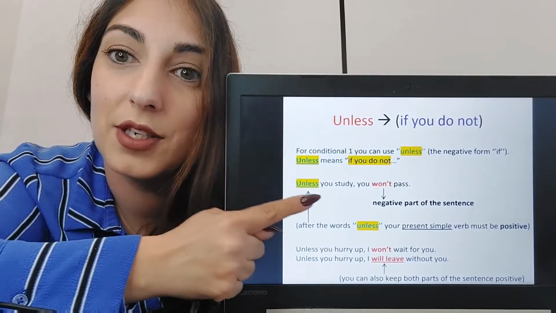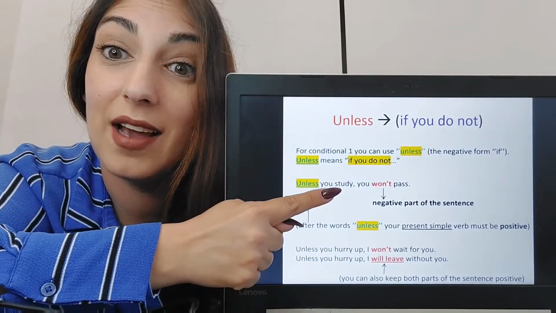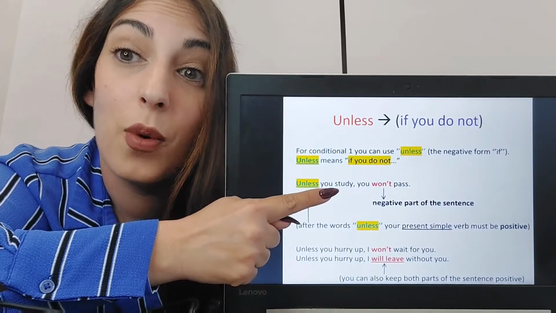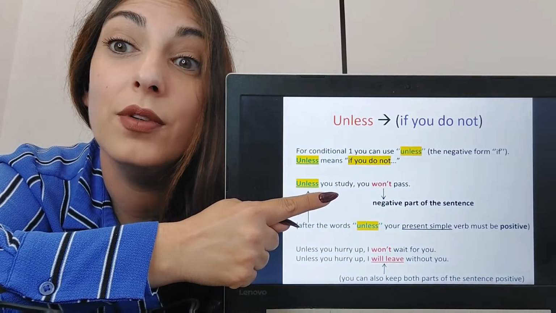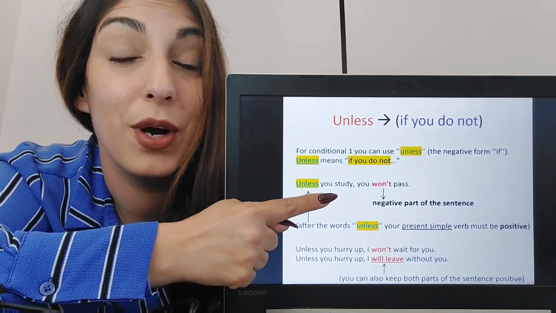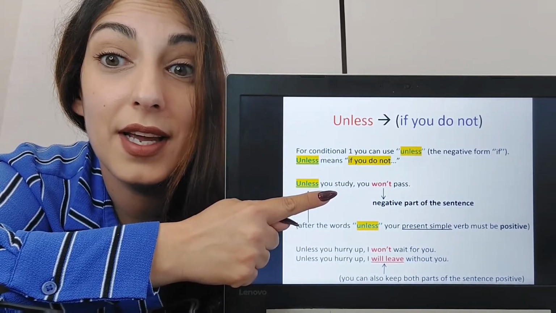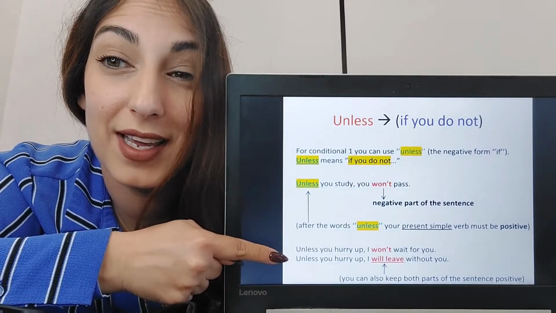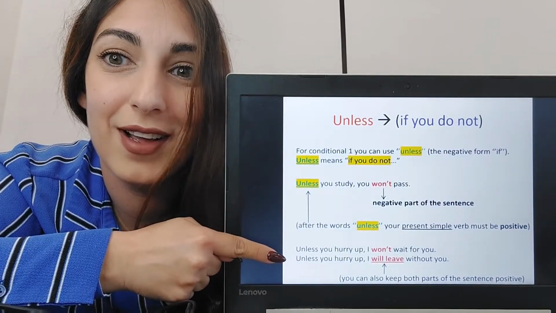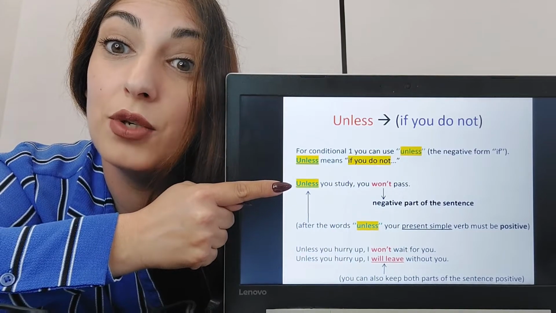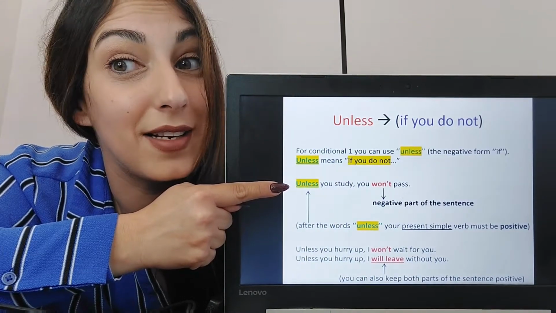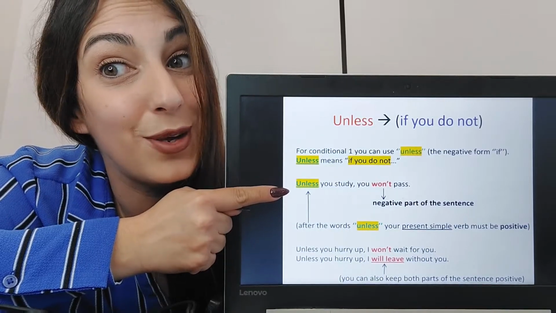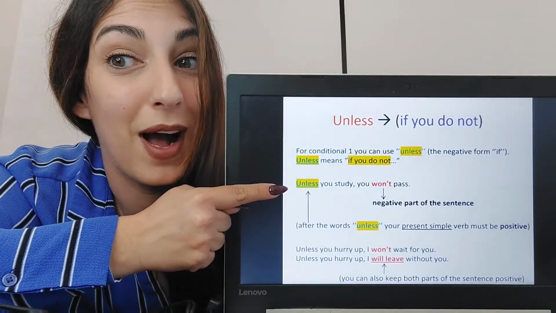So you can see I don't have a negative verb immediately after the word unless. Whereas with the previous ones, if I use the word if, for example, I can put a negative word. So if you don't study, and you can see the contrast very clearly here, if you want to pause the video and have a look. So here I could have said, if you don't study, you won't pass. But I said unless. So unless you study, you won't pass.